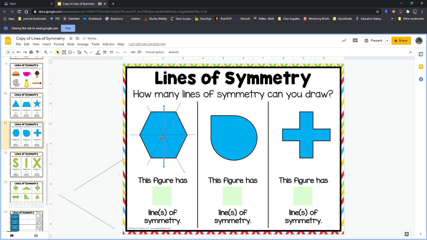Hexagon, if you found all of them, should have 6 lines of symmetry.